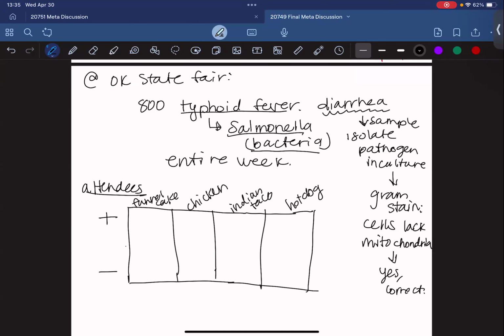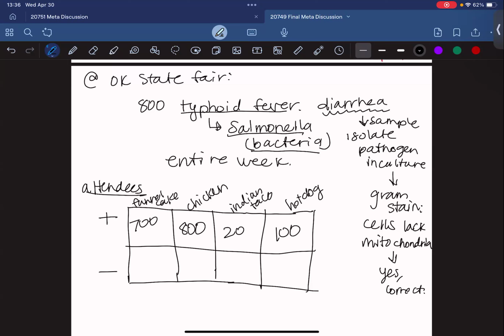You might already have your suspected results of what you might think is going on. But as it turns out, of the people that have the disease, 700 of them went to the funnel cake place, 800 went to the chicken place, 20 of them went to the Indian taco place and 100 of them went to the hot dog place.